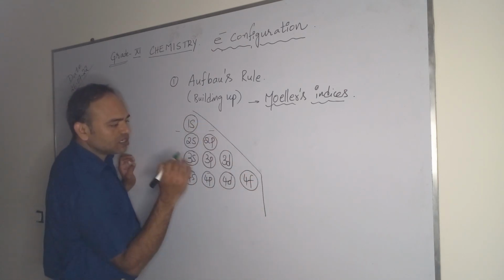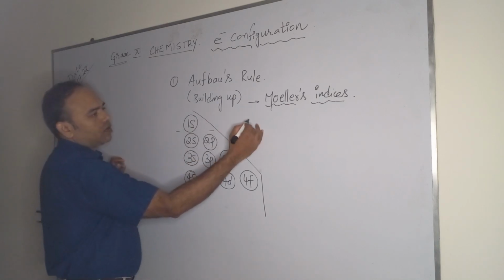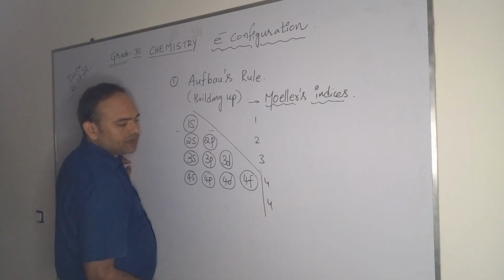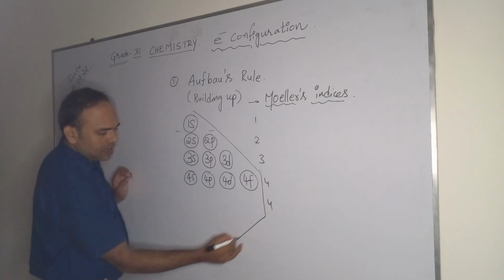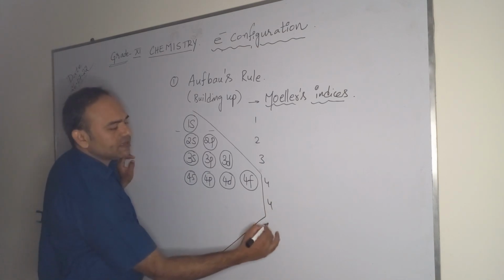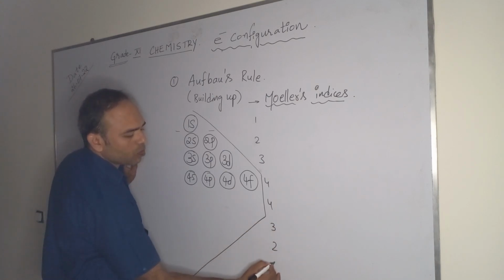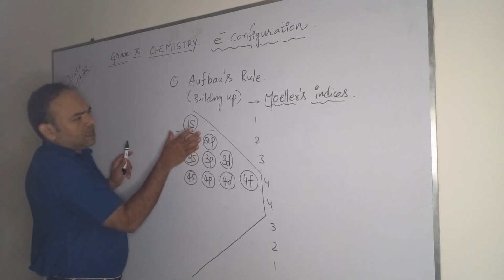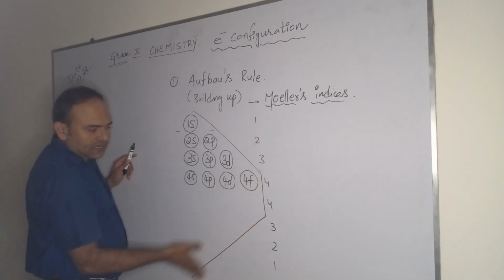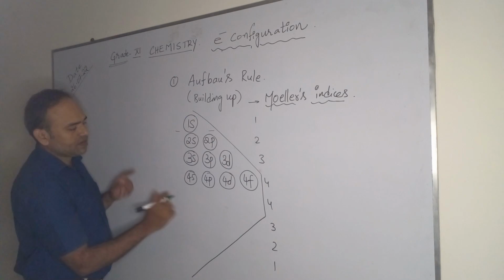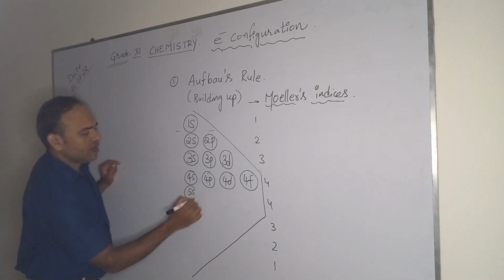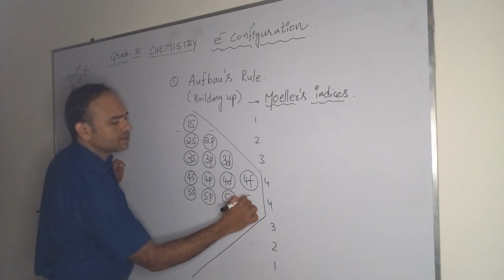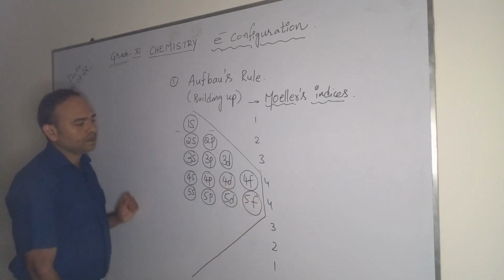Now it will become constant. That is 1 orbital, 2 orbitals, 3 orbitals, 4 orbitals. Again make it constant. Then again we'll decrease it to 3, 2, 1. Hope you have understood this. I am doing an increasing order of orbitals and then a decreasing order like this. Next 5s, 5p, 5d and 5f.